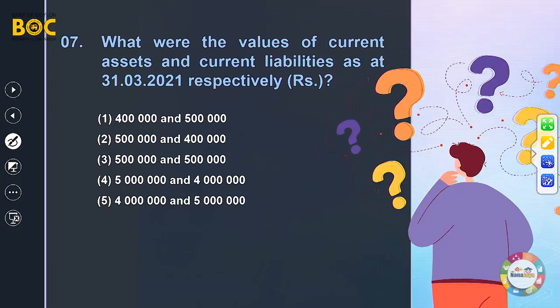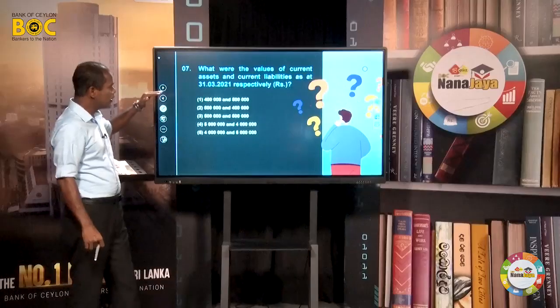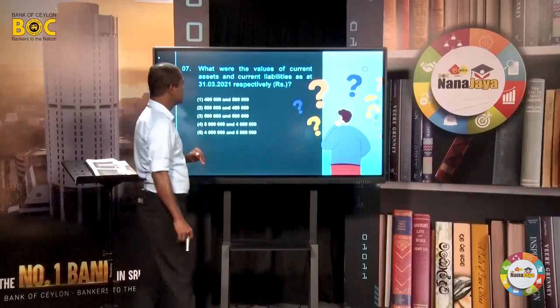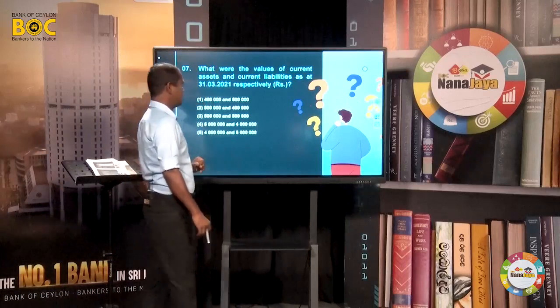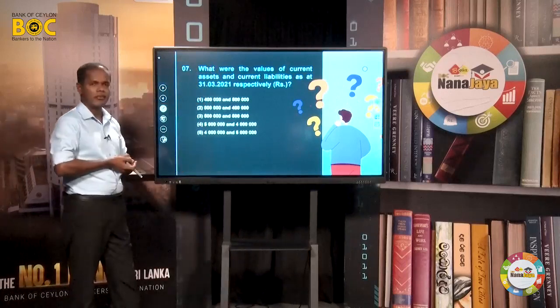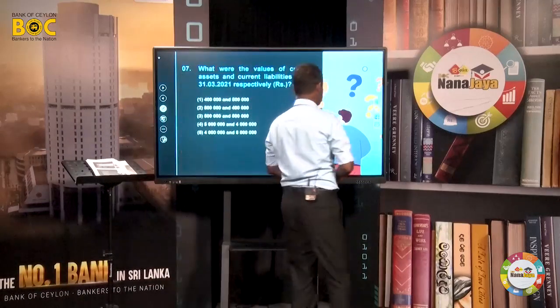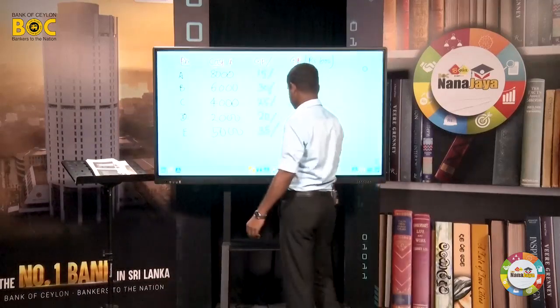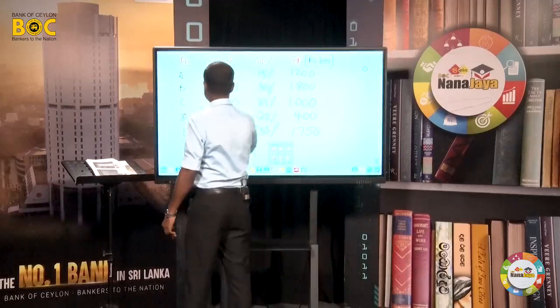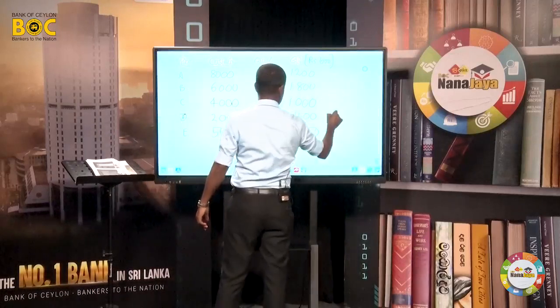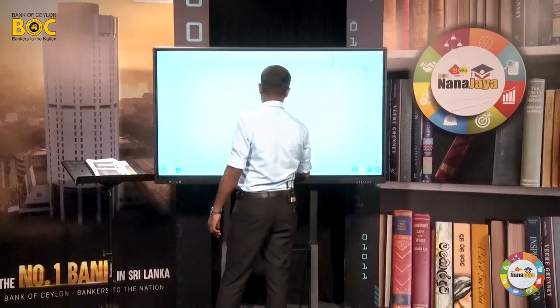So with that we have the question: what were the values of current assets and current liabilities as at 31st March? We'll make the calculations based on the basic information.